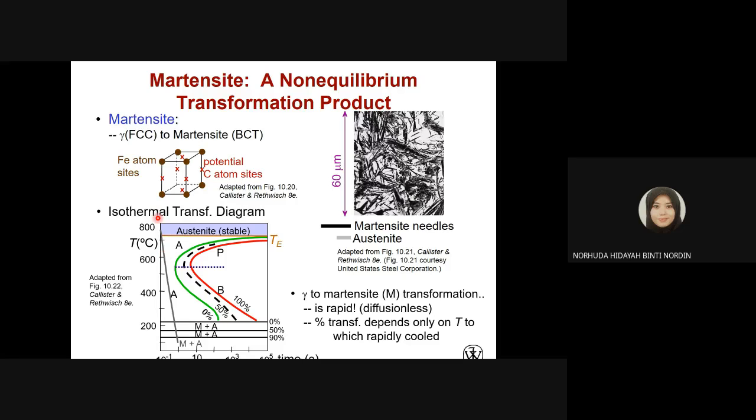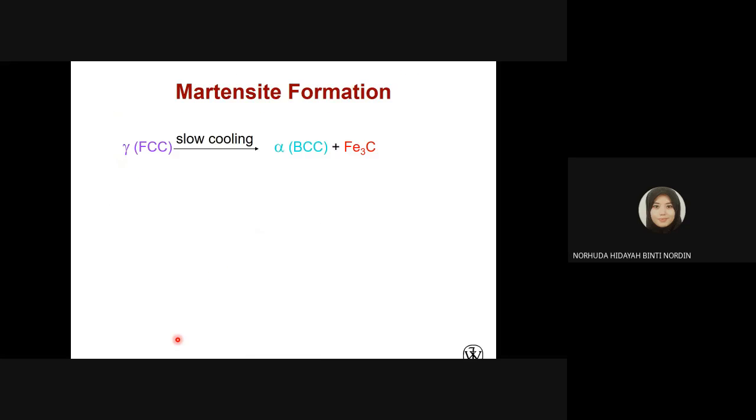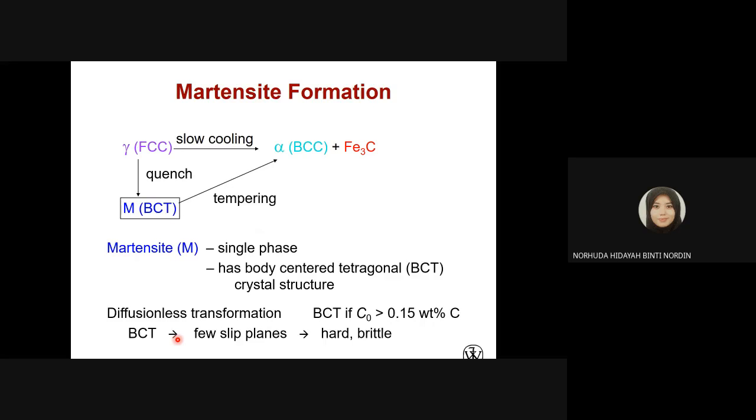And if it says to cool it very fast, below 1 second, you will get 100% martensite, because it is in this region, but maybe there's some austenite in it. Okay, that is martensite. You will get a very, very hard steel.